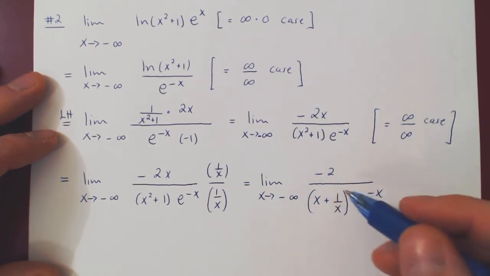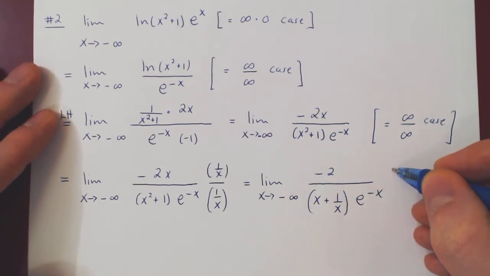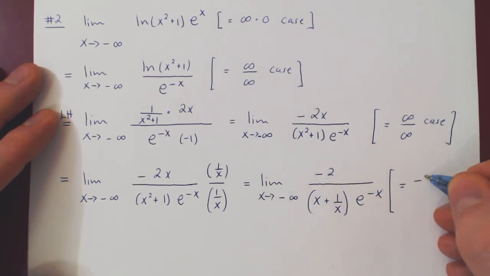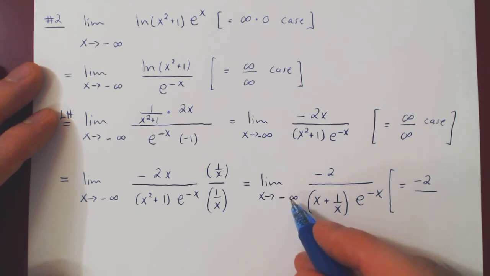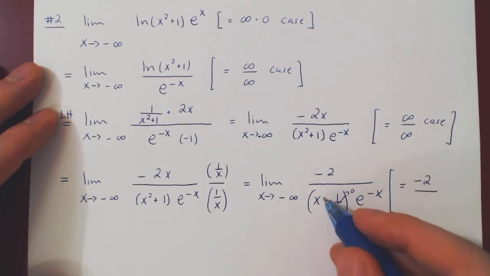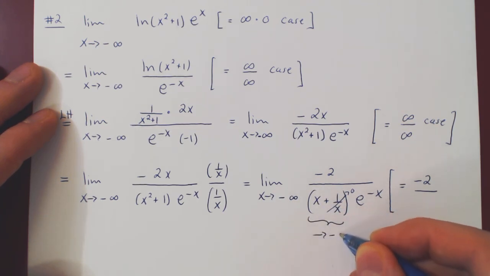And now what's interesting, by this simple algebraic manipulation, the limit is essentially trivial. If you look at your case, negative 2 is constant, always negative 2, over, now as x goes to negative infinity, 1 over x shrinks to 0, and the x goes to negative infinity, so this term approaches negative infinity.